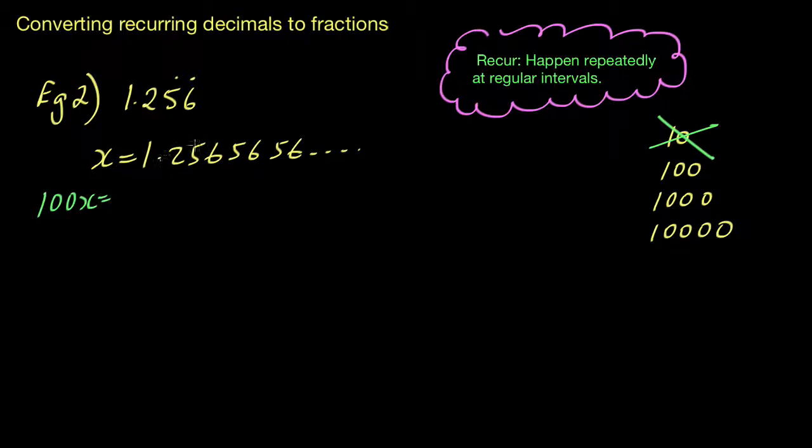Now, if I times this by 100, our decimal shifts down not one bounce, but 2 bounces, because 100 has got 2 zeros on it. So we have 2 bounces down. So what we get is 125.656. So let's just line up our decimals. I need to get 125 there. So 125 point, and we said it was going to be 65656.